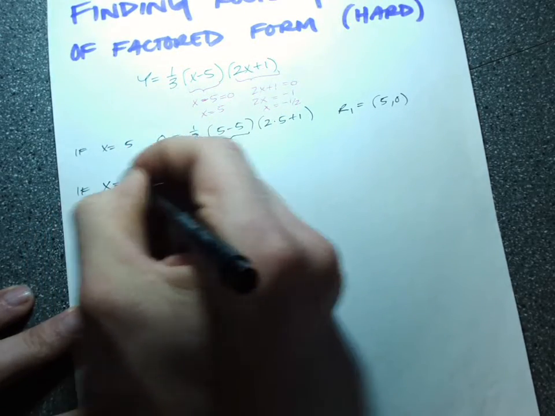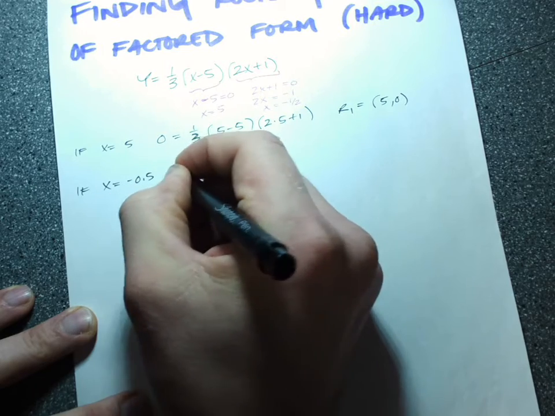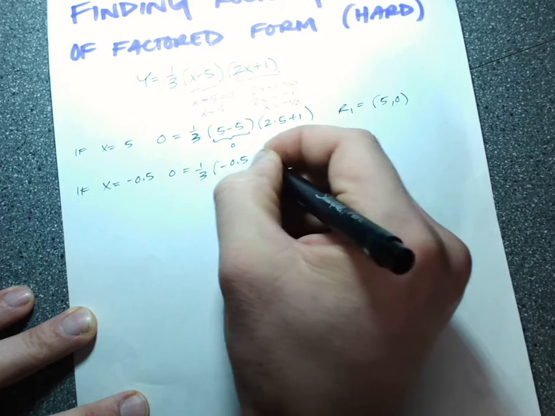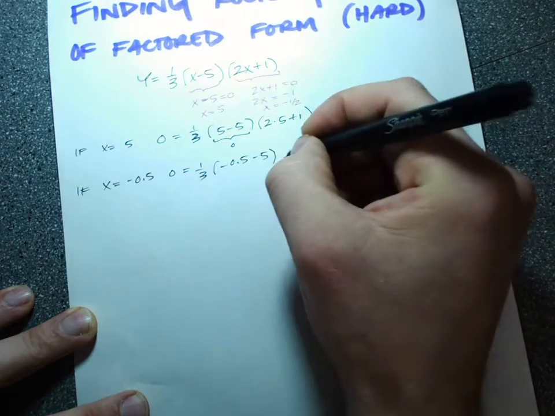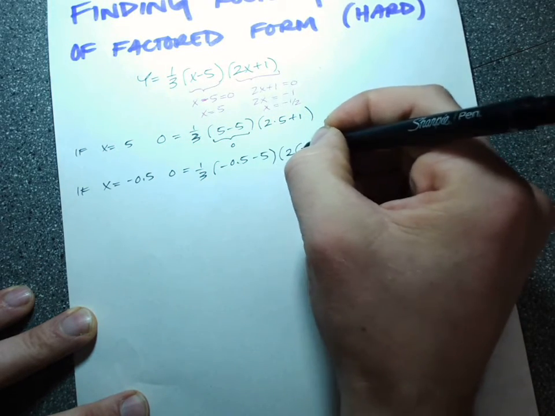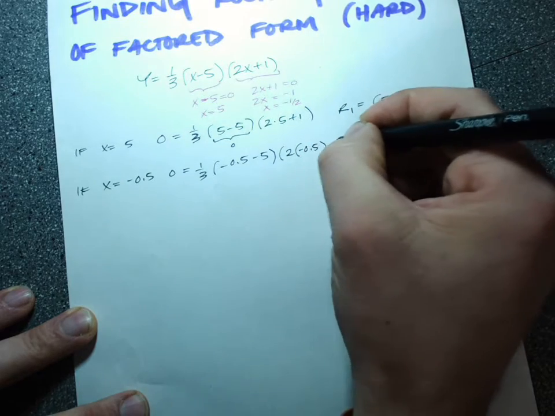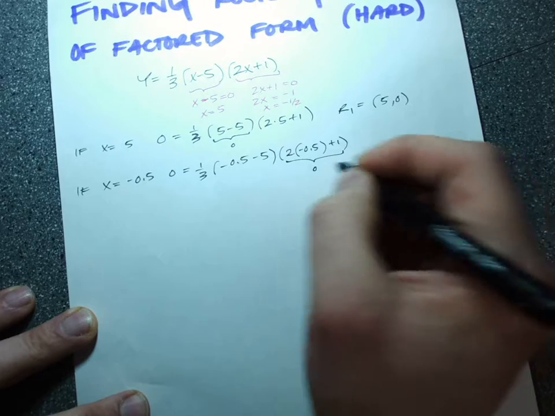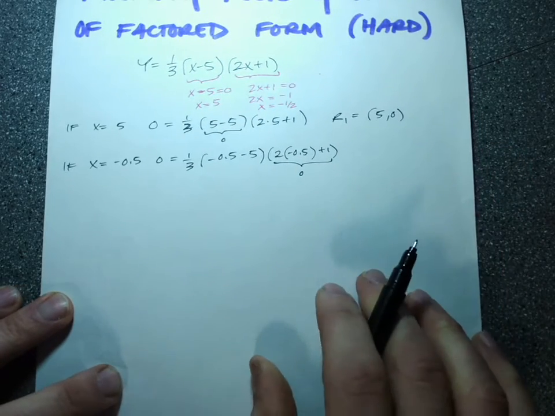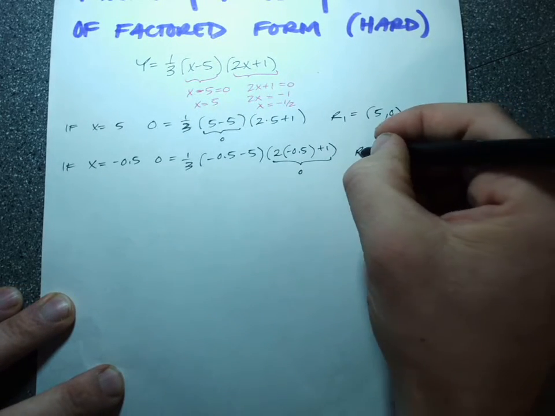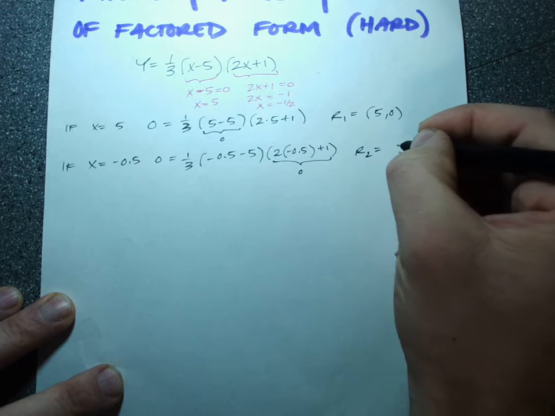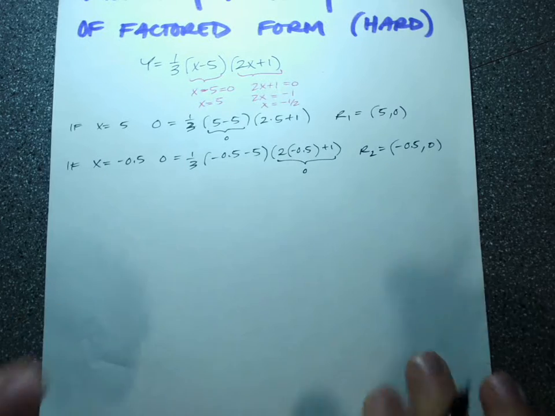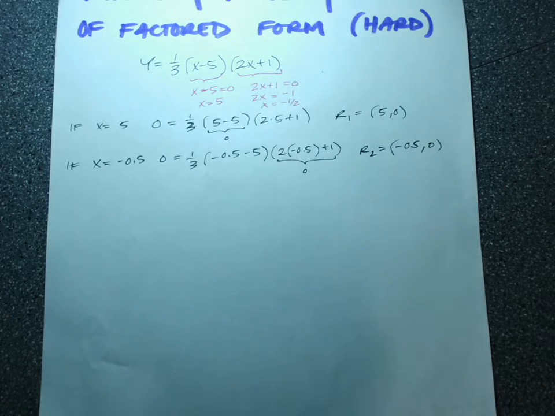So if x equals negative 0.5, the first parenthesis is something else, but when we multiply 2 times negative 0.5, this factor is now 0, and thus everything will become 0. So the second root, r2, is (negative 0.5, 0). All right, so those are the roots.